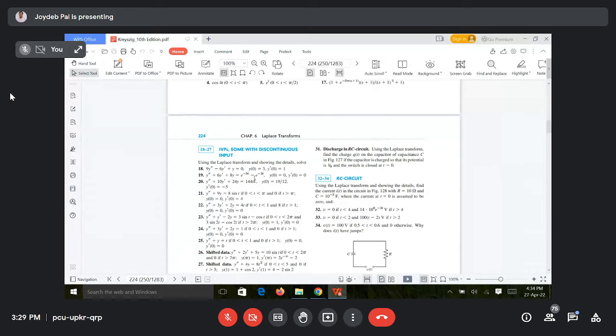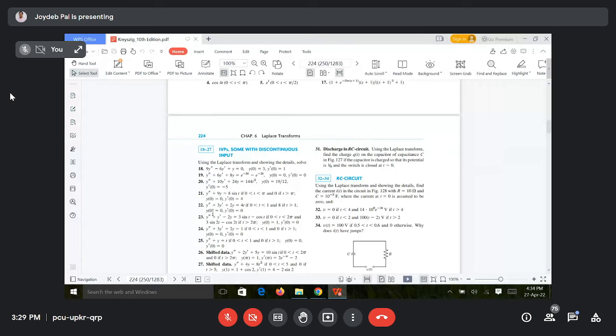This is the difference: R(x) has changed. In problems 18 to 27, R(x) contains a Heaviside function, because in this chapter I have introduced the Heaviside function. So R(x) may contain a Heaviside function. That is the difference from the previous chapter.